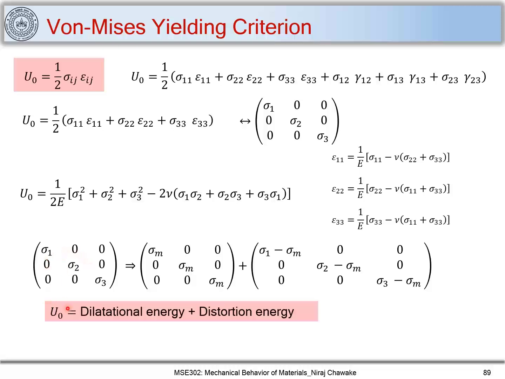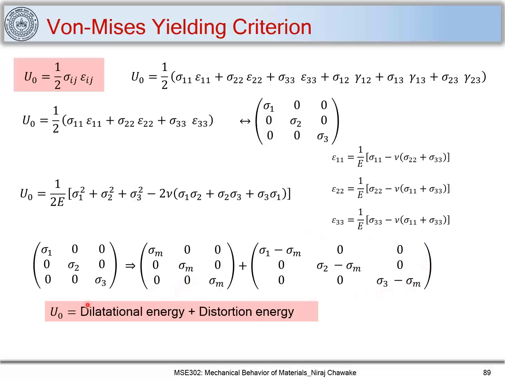So you have this U naught, which comprises a dilational energy, which is due to a hydrostatic stress state, and a distortion energy, which is related to a deviatoric stress state.